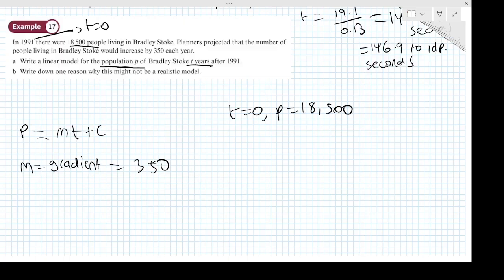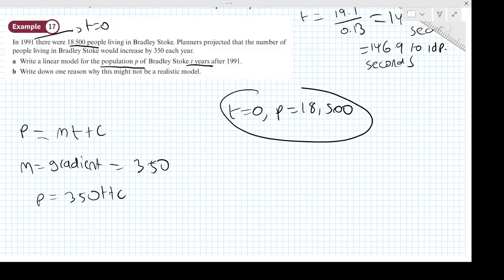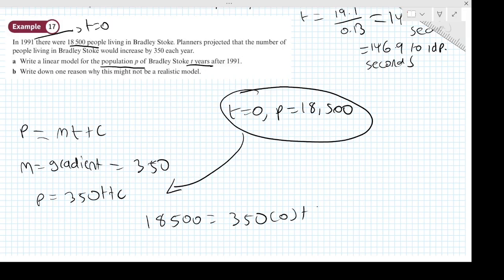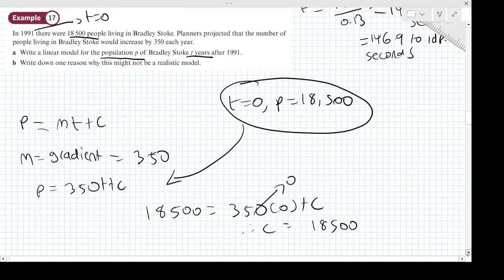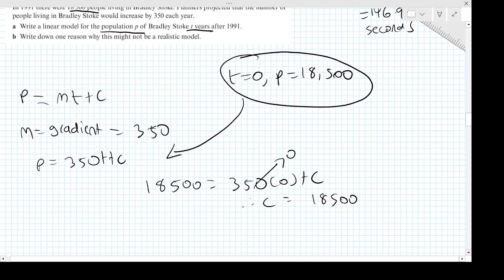Well, there we are then. We can substitute that in. So if we complete this equation, P is m, which is 350, T plus c. We can substitute this in. So then we get P, well, P is 18,500, is equal to 350 times T, which was 0, plus c. Well, therefore that goes to 0, doesn't it? So therefore c is simply 18,500. And that is the y-intercept.